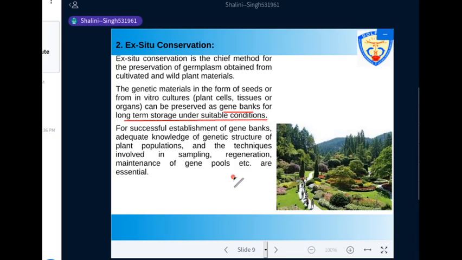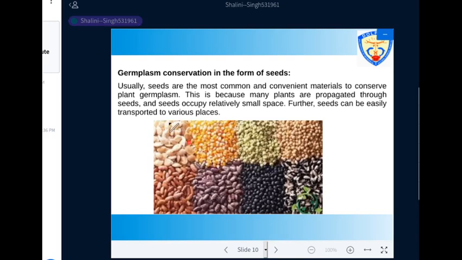For successful establishment of gene banks, adequate knowledge of the genetic structure of plant populations and the techniques involved in sampling, regeneration, maintenance of the gene pool, etc. are essential. In case of plants, ex situ conservation also can be carried out by establishing botanical parks or botanical gardens.